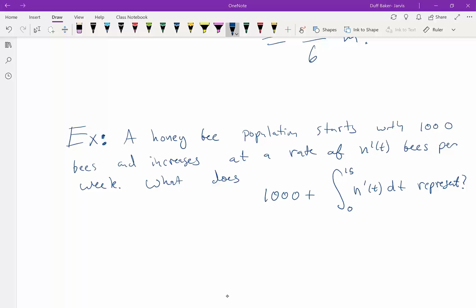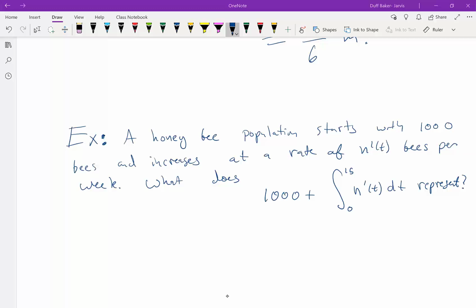Okay, so here's another example. This is more of just an interpretation one. It says you know that there's a population of bees. It starts out with exactly 1,000 bees and increases at a rate of something that's only given as n prime of t, so it's the derivative of the number of bees.